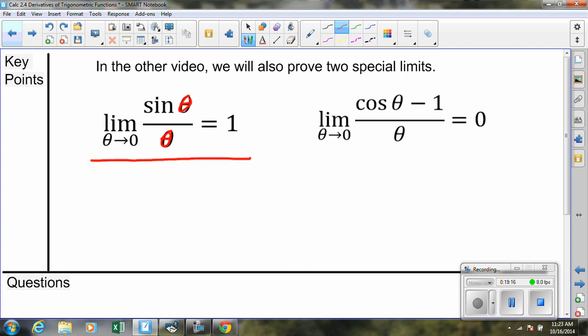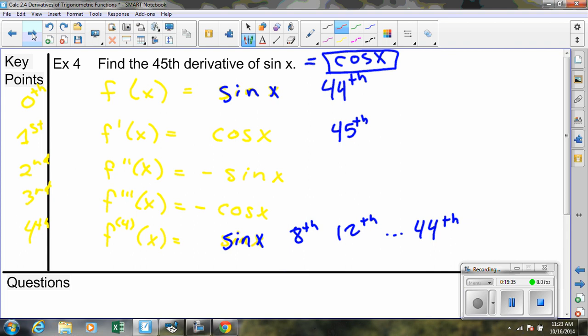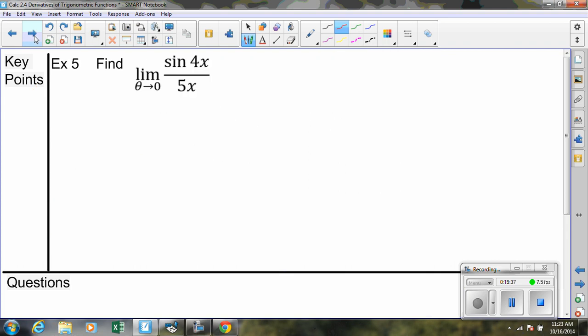These pieces are the same, and then again that piece is going down to 0. If we have this situation, sine of something over something, where it's going to 0, we could just use this theorem and say, overall it's a 1. Again, we'll prove that in the other video.